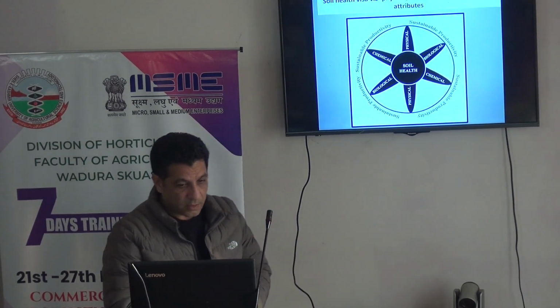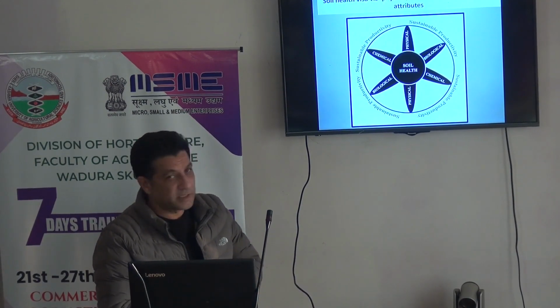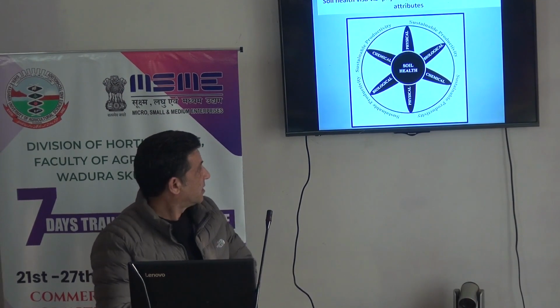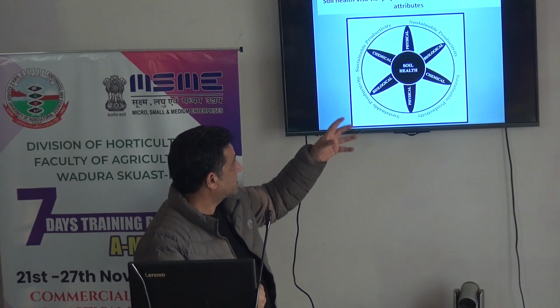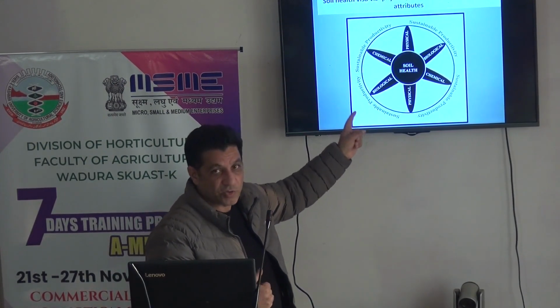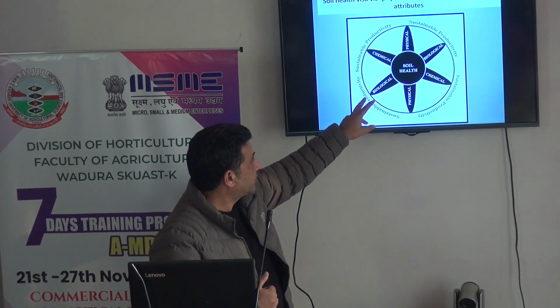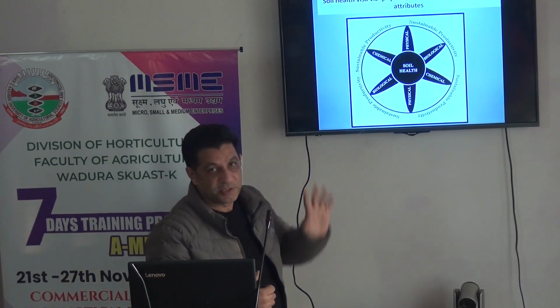So soil health, we have already said, depends upon the physical, chemical and biological properties. To simplify, sustainable productivity is due to soil health, and it depends upon the physical, chemical and biological properties.